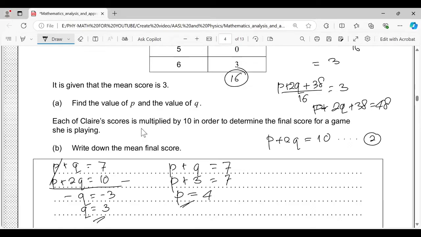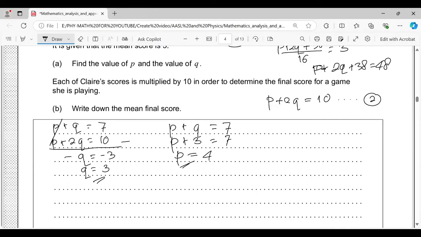Each of Clear's scores is multiplied by 10 in order to determine the final score for a game she is playing. Write down the mean final score. P equals 4 and Q equals 3.